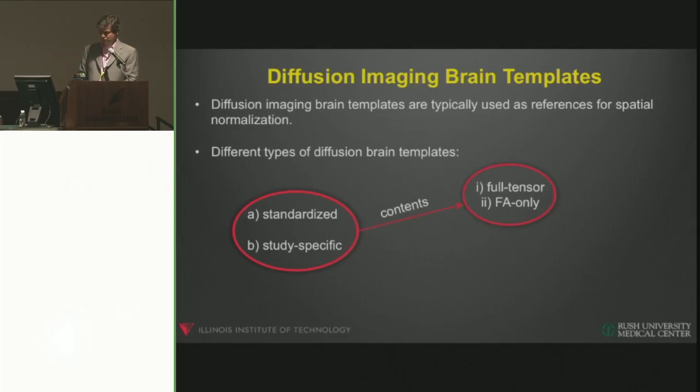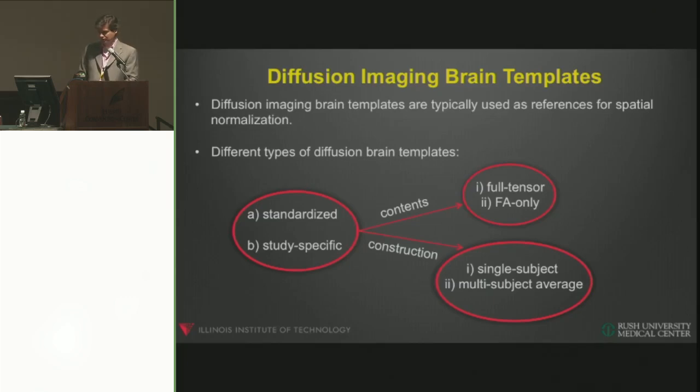You can further divide these two categories according to their contents into templates that have full tensor information and templates that have only FA information. Or you can divide them according to their construction into templates that are constructed based on data from an individual subject, or templates that are constructed based on data from multiple subjects.